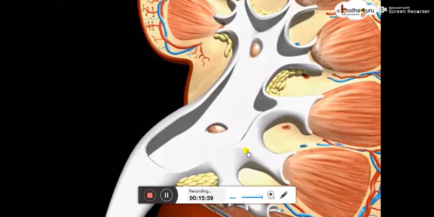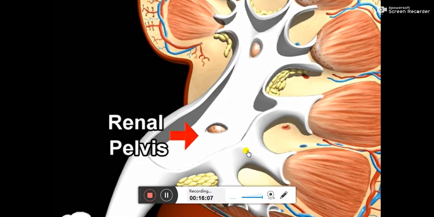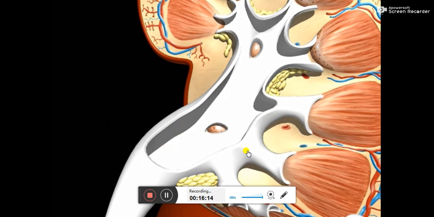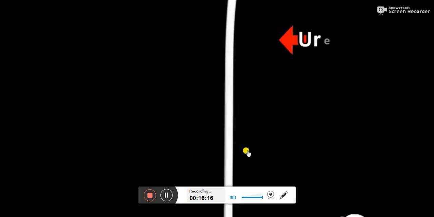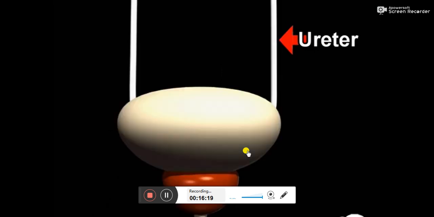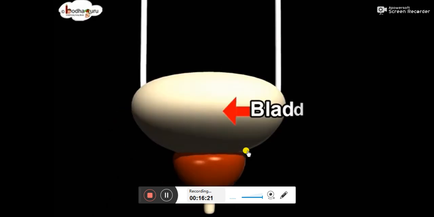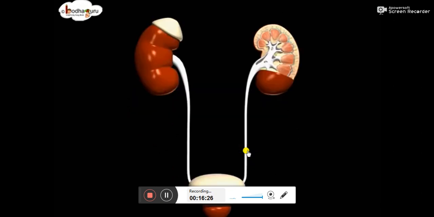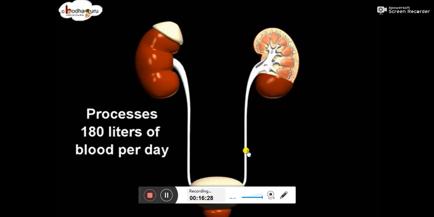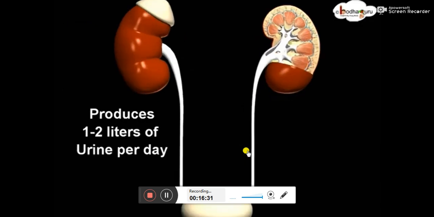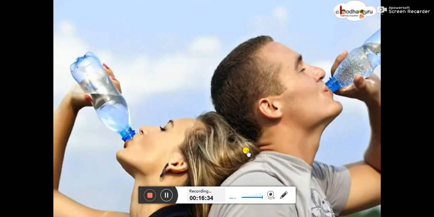After reabsorption of essential materials in tubules, the liquid that reaches renal pelvis is urine. Ureter originates from renal pelvis. Ureter carry it to bladder for storing until the person urinates. Thus, kidney processes around 180 liter blood per day, producing 1 to 2 liter urine, assuming you drink minimum 3 liter water per day.